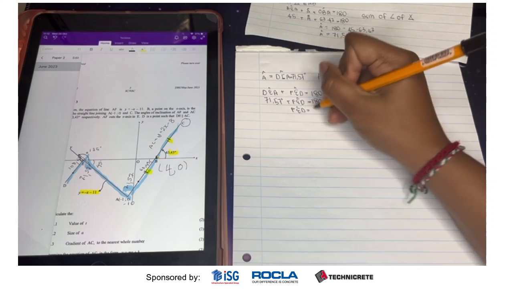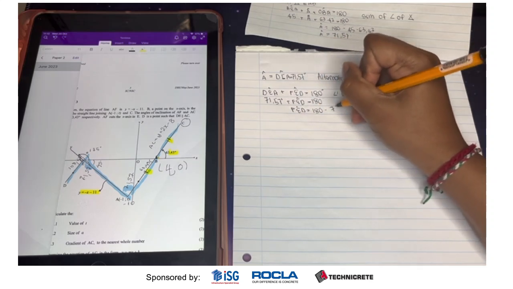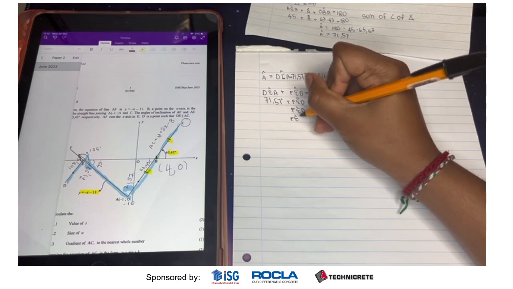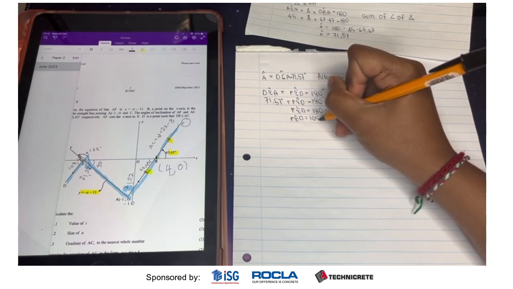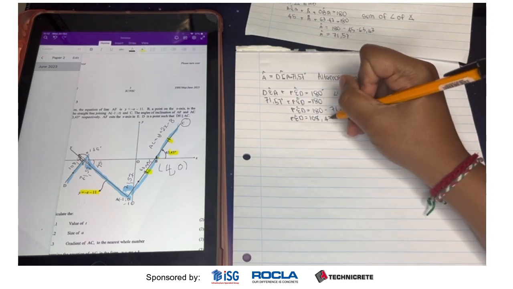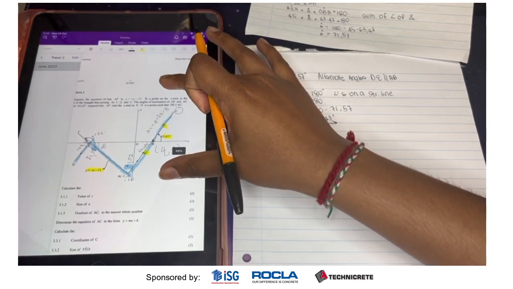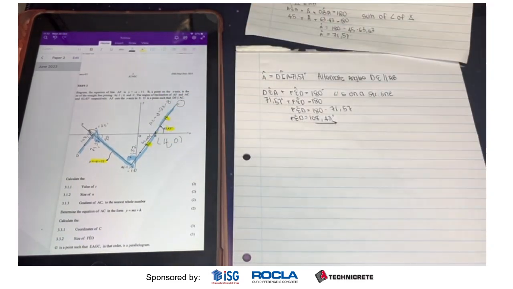FED is equal to 180 minus 71.57. Therefore, FED is 108.43. That was a lot that we had to do there. How many marks was this question? 3. As I said, there are alternate ways, but I think that this is the easiest way with working with what you can see.